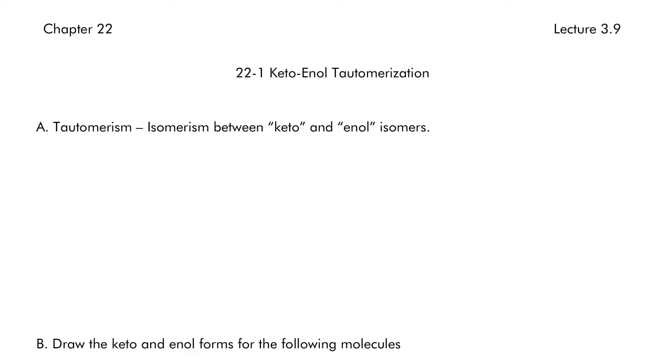This is an isomerization. It's the process of changing from one isomer to another. And these isomers we designate with a name called the keto and the enol form, or the keto and the enol isomers. We're going to look at how that process happens, but first, let's see what a keto and an enol form look like.